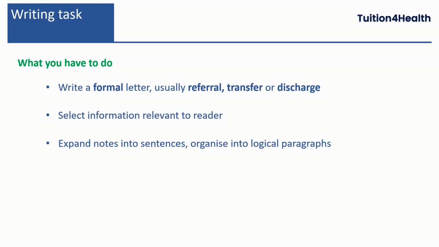You will need to expand the information given into complete sentences using correct grammar and vocabulary, and organise sentences into a logical order with paragraphs which will make sense to the recipient of the letter. The main body of your letter should be about 180 to 200 words. This means it is acceptable to be slightly over or under, but you will get a lower score if you are a long way below or above the word count.